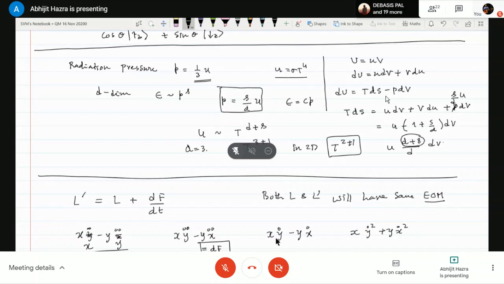One thing is that this f has to be a function of only x and y, and cannot be a function of x dot. So that means the first two are ruled out. We have to see this one and this one, because these are the only things that are possible.